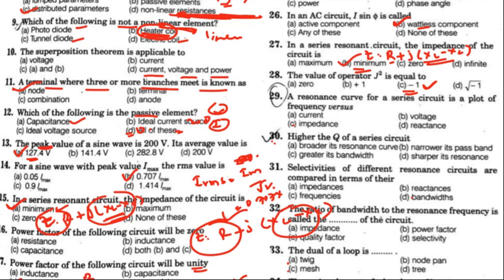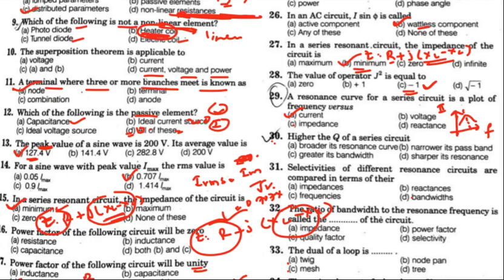The resonance curve of a series circuit is a plot of frequency versus current. So A is the correct answer. So frequency will be on the x axis and current we take on the y axis, so the curve will be like this.